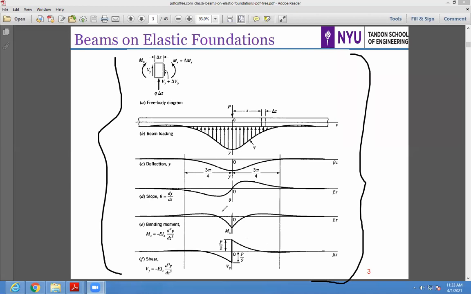In that particular equation, we have to put the values. Y is deflection, theta is slope, Mx moment, Vy shear.